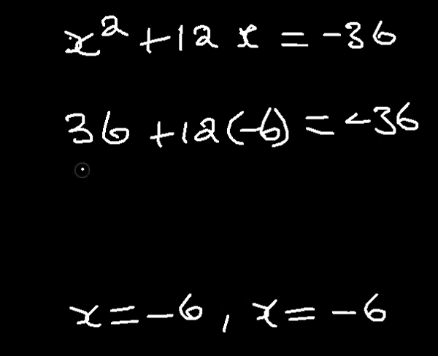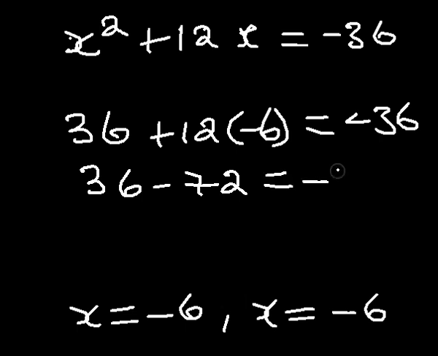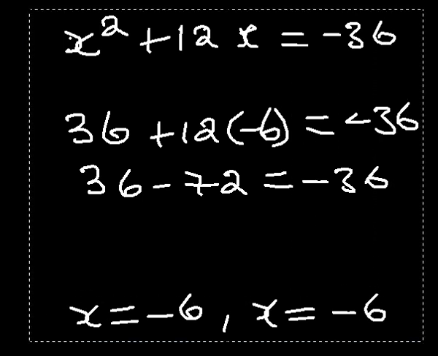So we have 36 minus 72, and this is really equal to negative 36. So that means x equals negative 6 is the real solution for the equation. Hence it is also said to be the root for the equation.